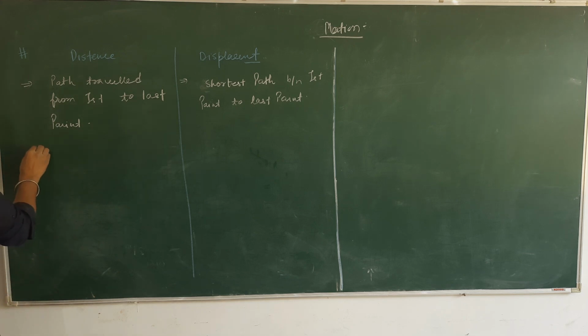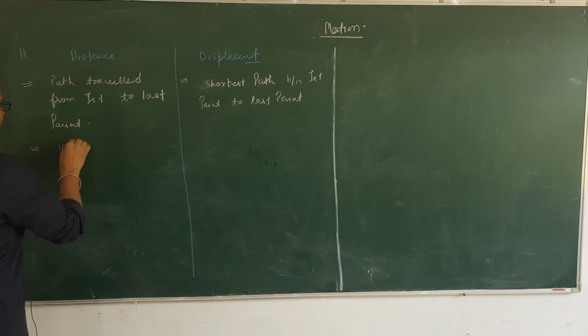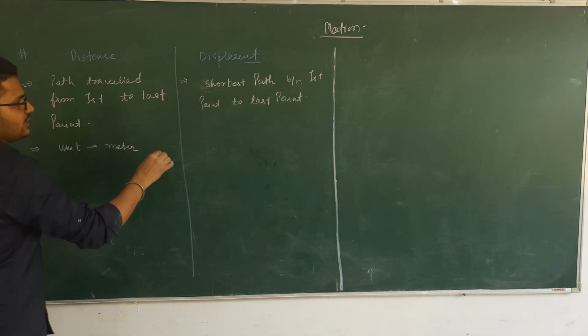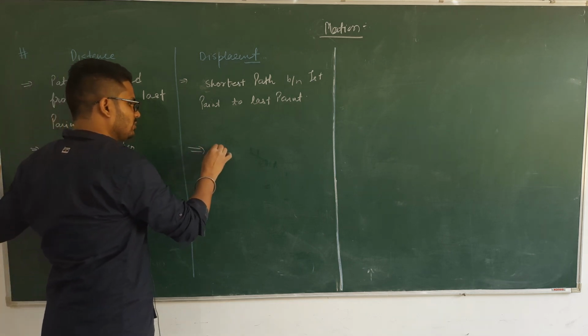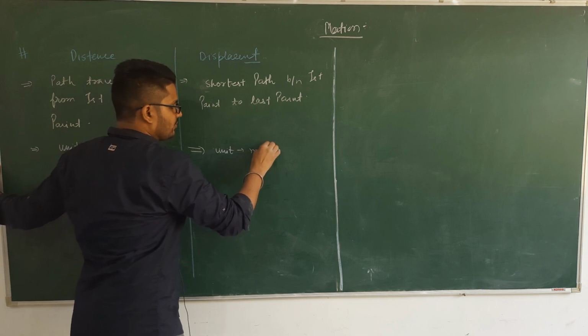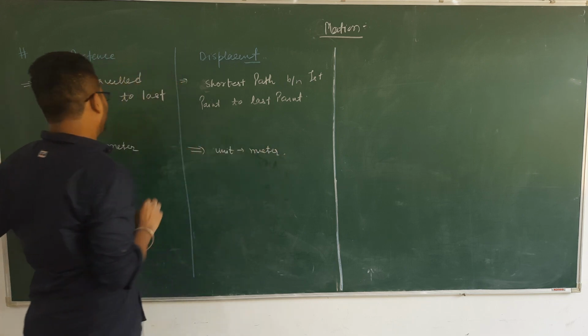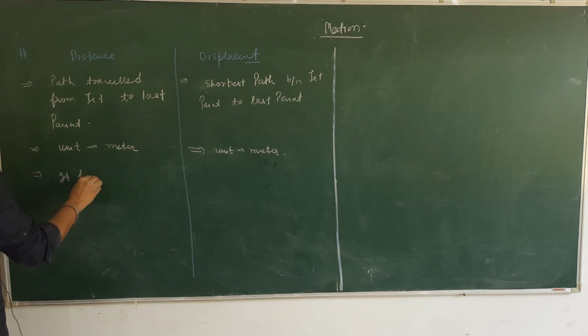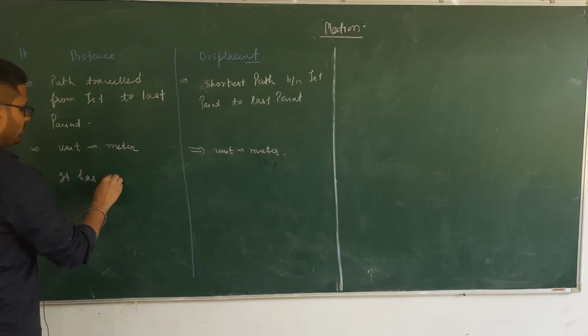Next thing is, what is the unit? The unit of distance is meter. The measurement unit of displacement is also meter. Next, distance has only magnitude.